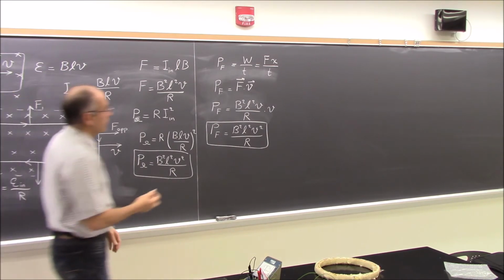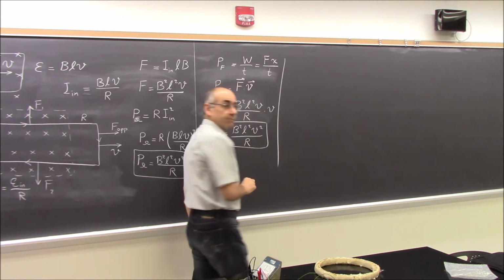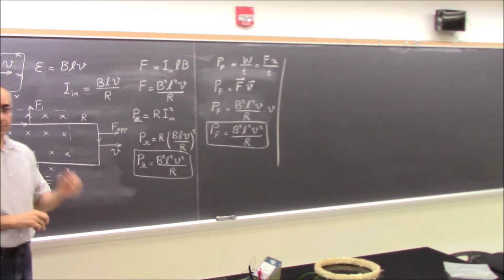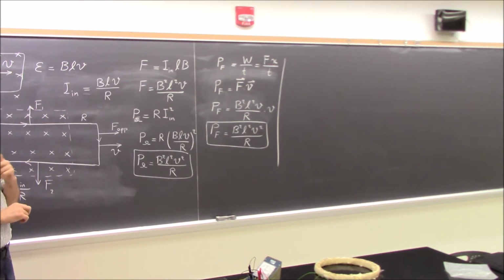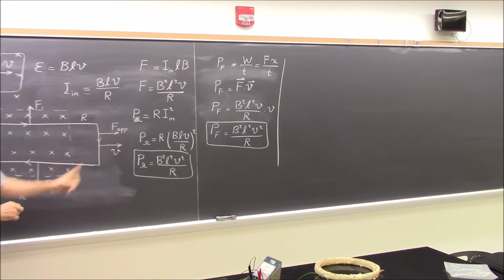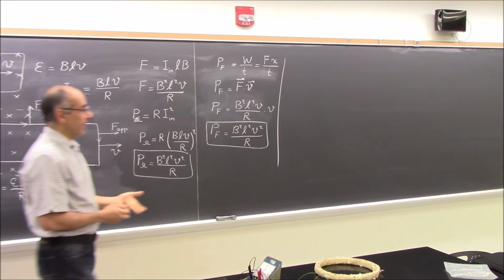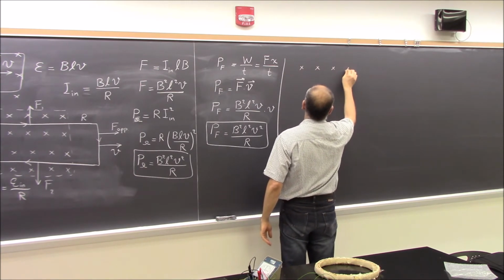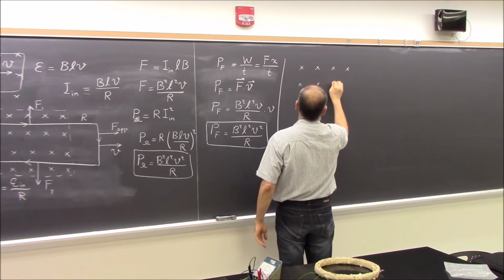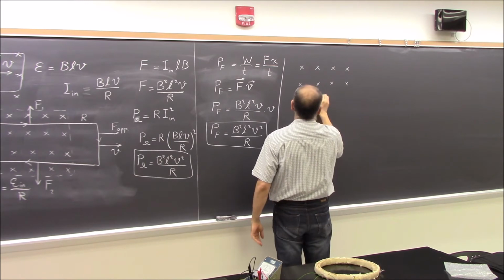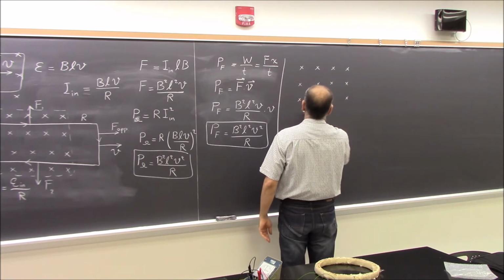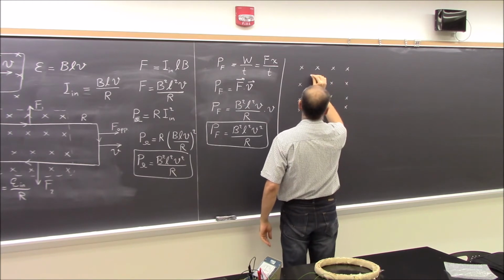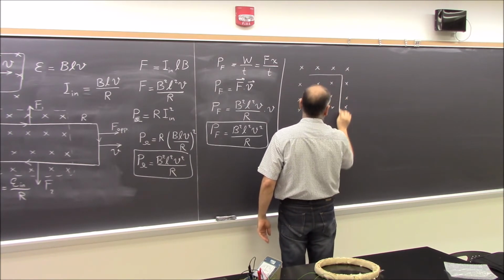To sugarcoat a little bit of this material, let me give you another example. Let's say you're not moving this by hand and let it fall under gravity. Let's say there's a magnetic field going into the page in this region of space, and then you have a loop of wire.